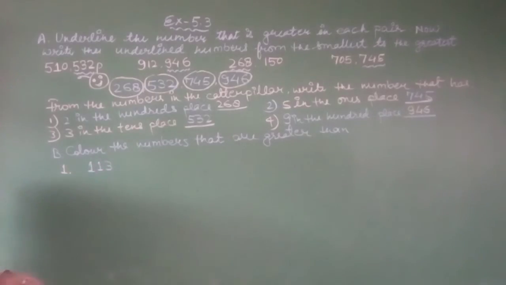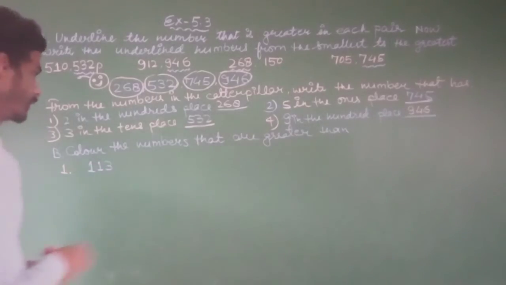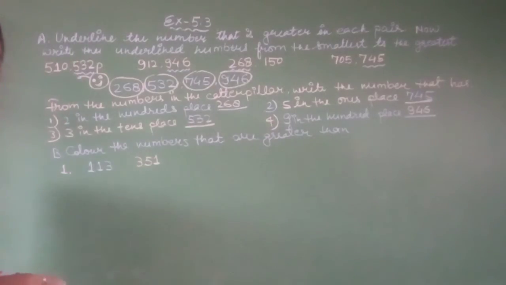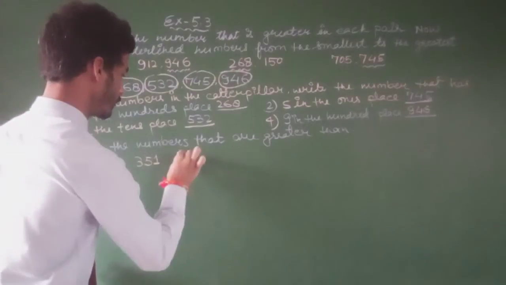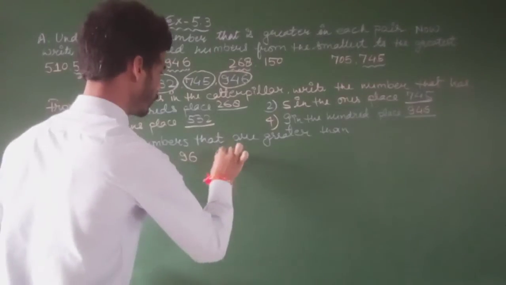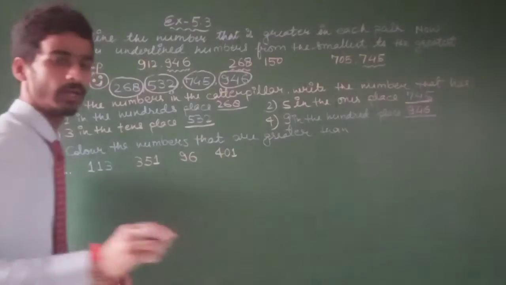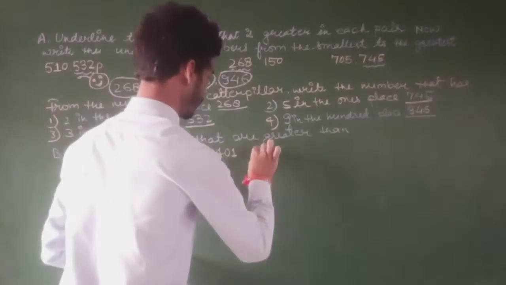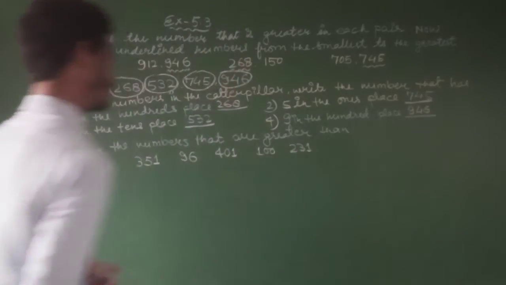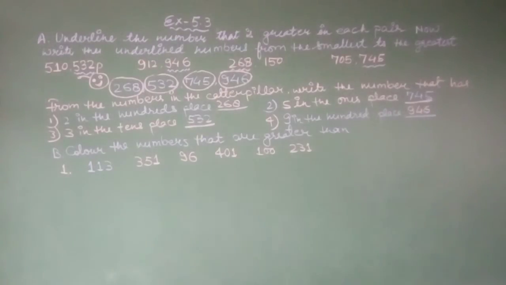Which numbers are greater than 113? The numbers are 351, 96, 401, 100 and 241. Color the numbers that are greater than 113.